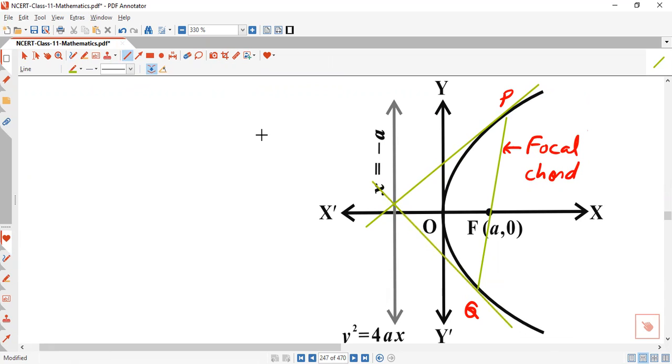If I draw tangents at the endpoints of the focal chord, they will always meet at the directrix.